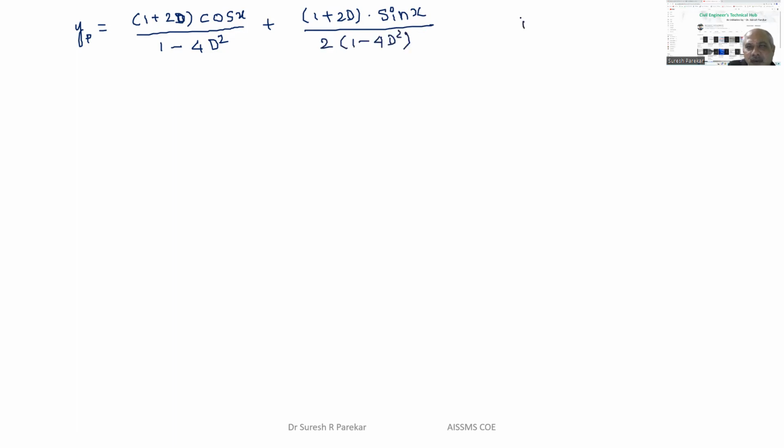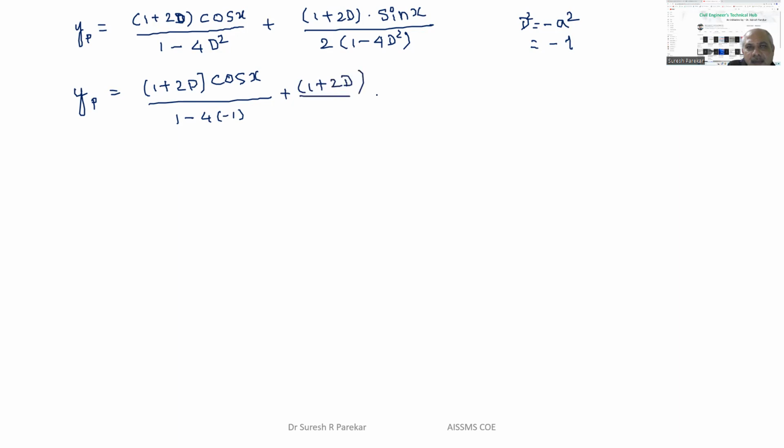And we know we have d square equal to minus a square, and here in both we have the value of a as 1, so we have d square as minus 1, and therefore we will get yp equal to 1 plus 2d into cos x divided by 1 minus 4 into minus 1 plus 1 plus 2d divided by 2 in bracket 1 minus 4 into minus 1 into sin x.